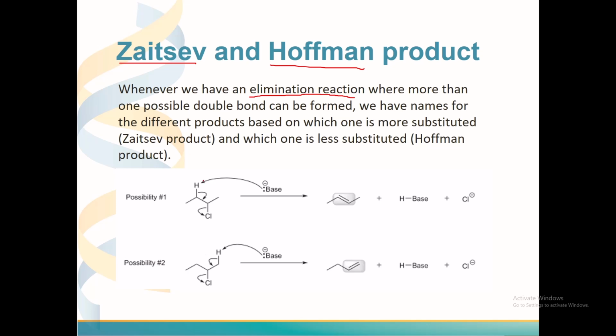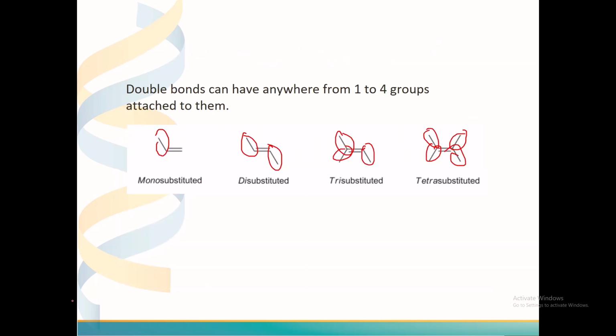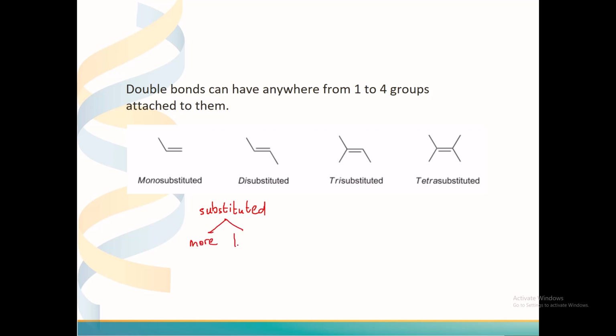Now, what does more substituted mean, or what does less substituted mean? Let's go back to the previous slide and remove the ink. We have the term substituted. It is only a matter of whether it is more or less. If you have a mono-substituted, that means this carbon here is more substituted compared to this carbon.